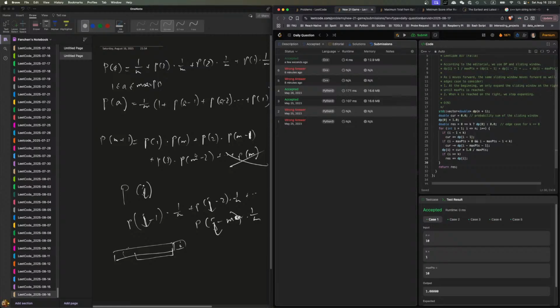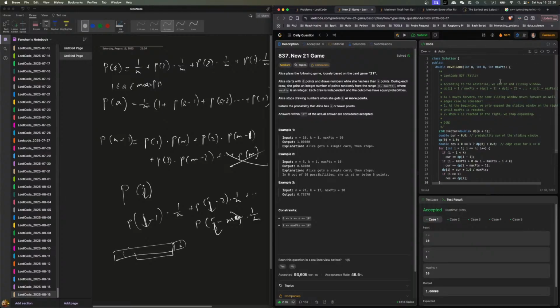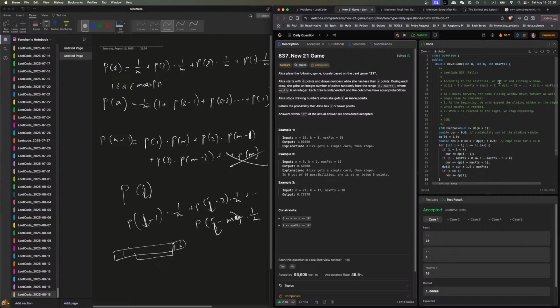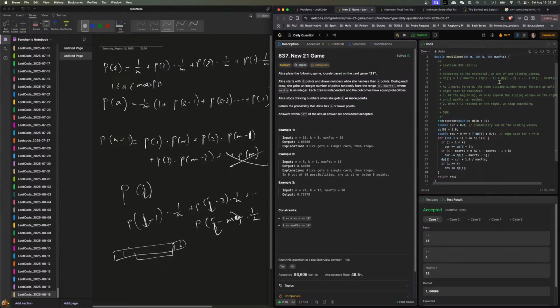Like the first crack, I'm not able to get it. I mean, it's pretty obvious it's DP. And once I realize it's DP, immediately I know it's a sliding window. So it's not really a hard problem. But for whatever reason, I just couldn't get the DP part ready.